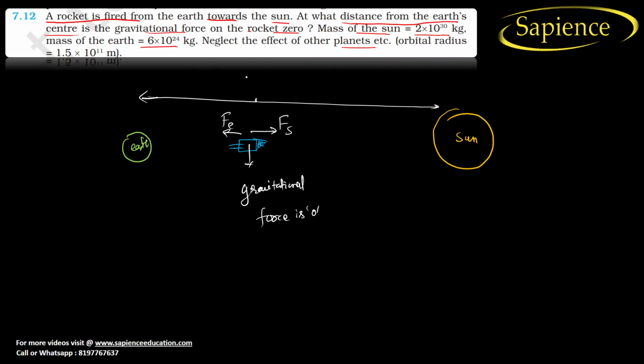Let us consider the orbital radius of the earth as re. Let us assume that the distance of the rocket from the earth is x. So the distance from the sun will be re minus x. I hope you have understood.